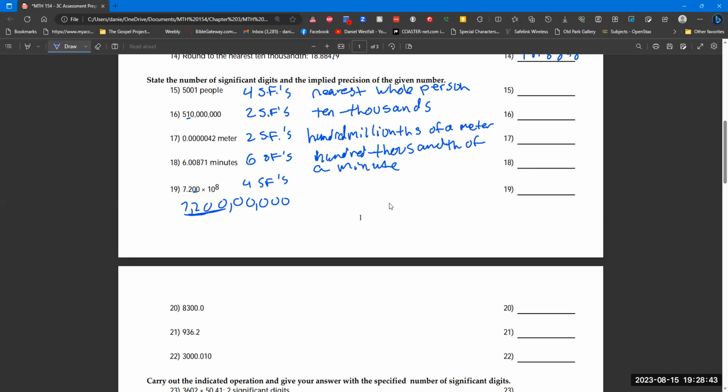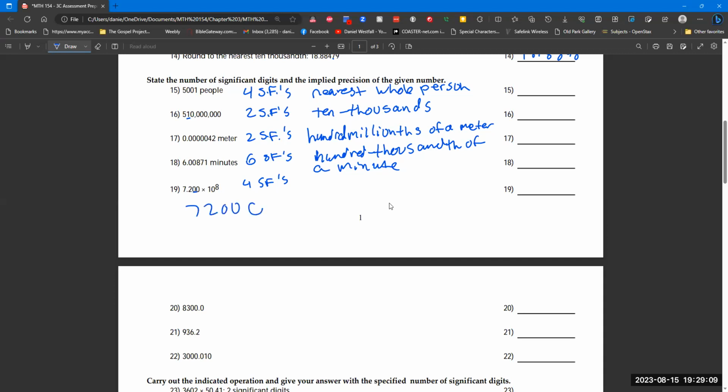I assume we have 4 significant figures, that those were actually measured values. And so it's to the nearest 2, 3, 4, 5, 6. Hang on. I put my comma in the wrong place.